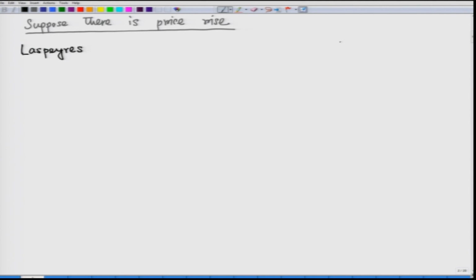So, in the case of price rise, let us look at the Laspeyres and Paasche case again, and let us compare them.